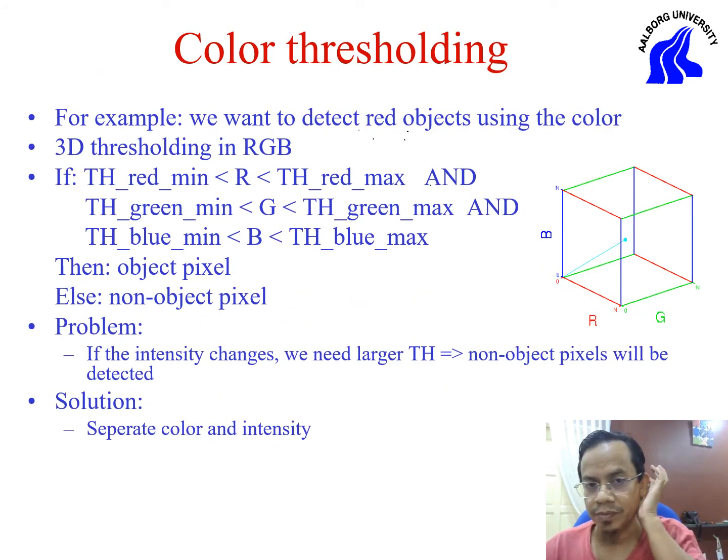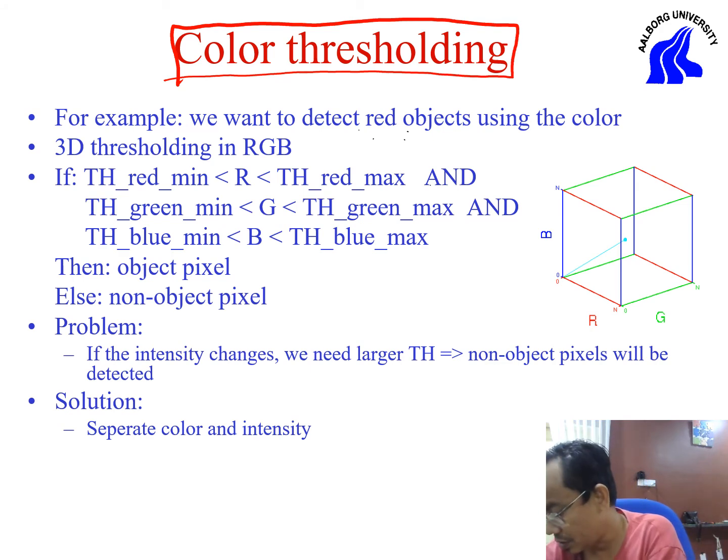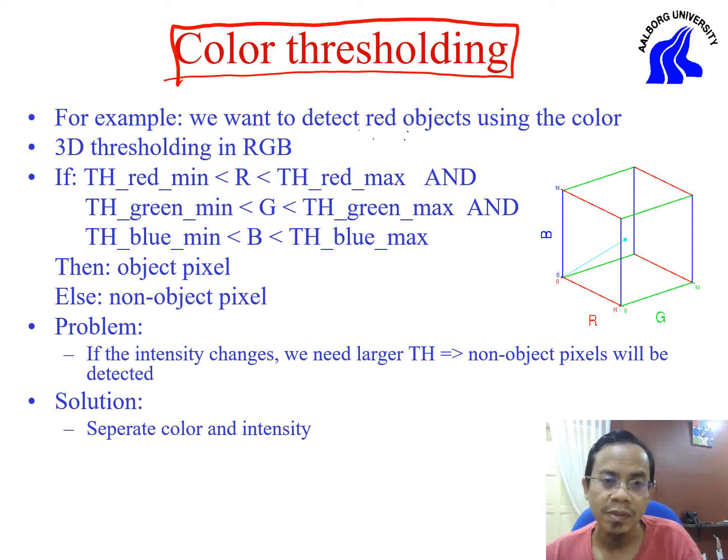Okay. Next is color thresholding. Color thresholding can be used for filtering. If you want to detect a certain color, we can use color thresholding. If we set a certain range of red, green, and blue, then we can get the color that we want.